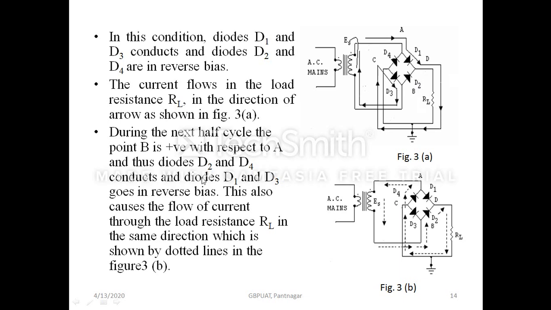During the next half cycle, the point B becomes positive, and then the diodes D2 and D4 are in forward bias condition and conduct, and the diodes D1 and D3 are in reverse bias condition. This also leads to the flow of current.